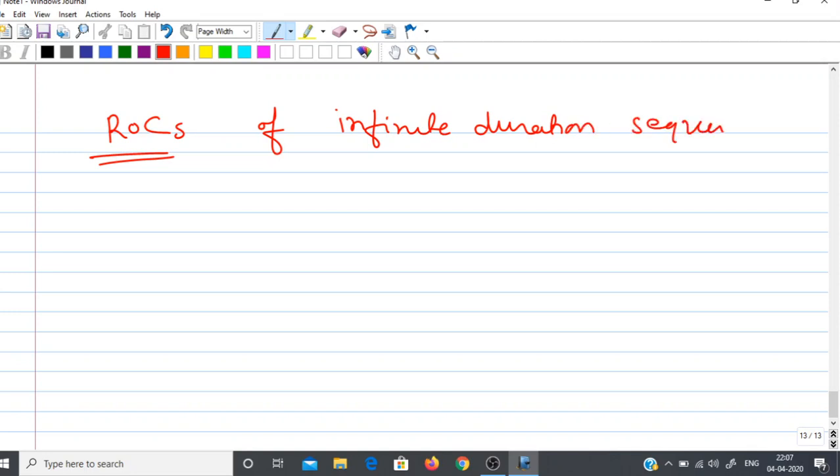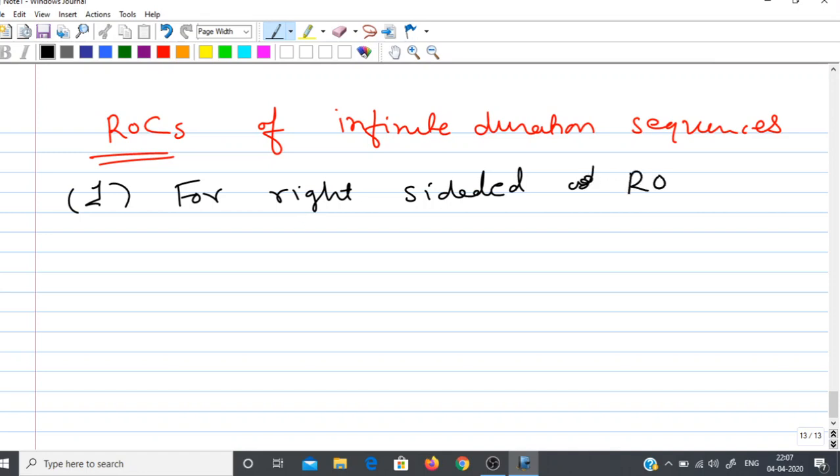So I am writing the important central conclusions. Number one conclusion: for a right-sided sequence, what will be the shape of the ROC? The ROC would be mod Z greater than some constant.